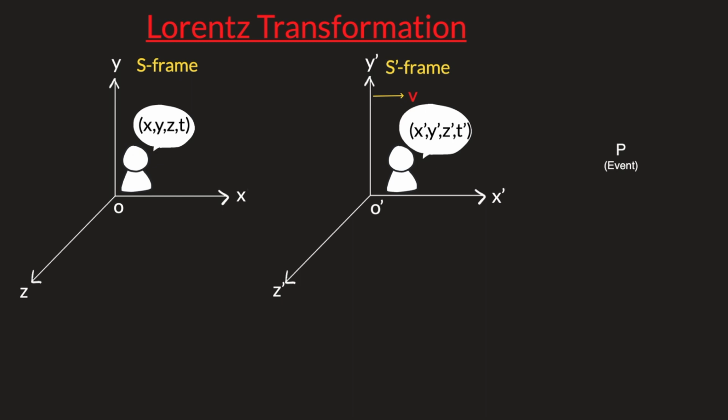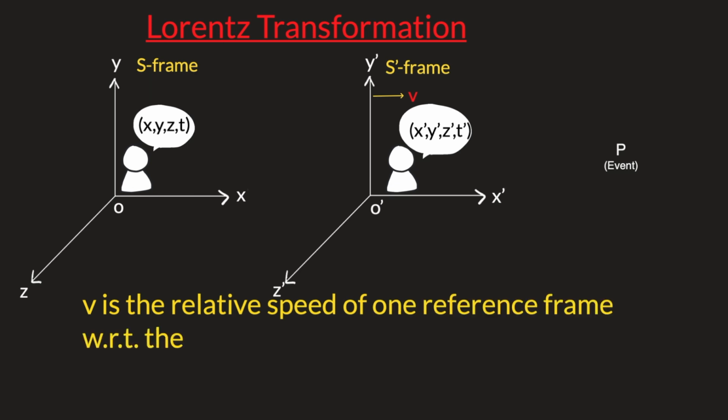Now I would like to highlight a very important point which many students do not notice in their casual reading, that v is the relative speed of one reference frame with respect to the other. Therefore, it is irrelevant how this relative speed is arrived at.